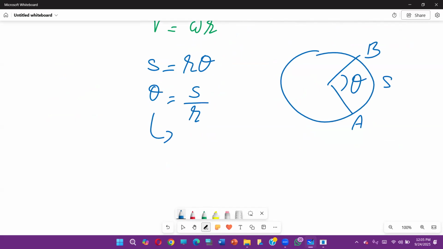What's the unit of theta? Radian. There comes the most important definition of this chapter. What is radian? The radian is the angle subtended at the center of a circle when arc length is equal to radius.